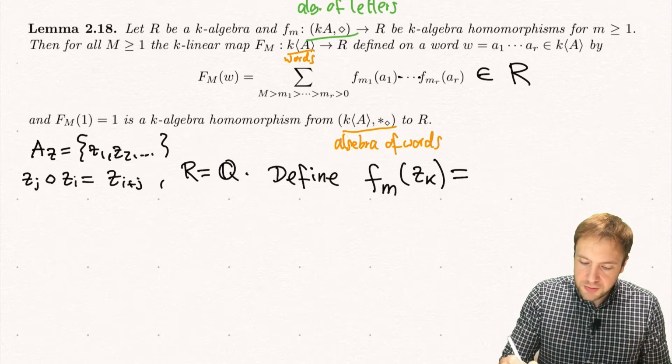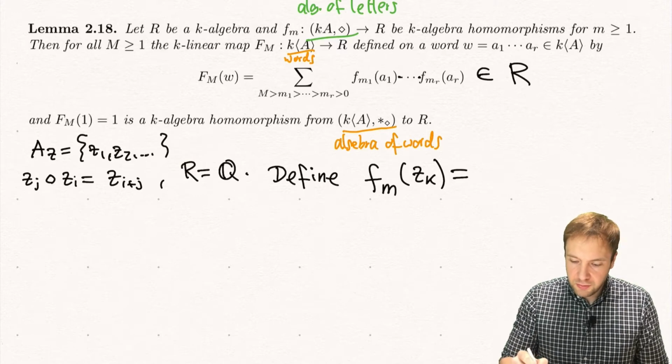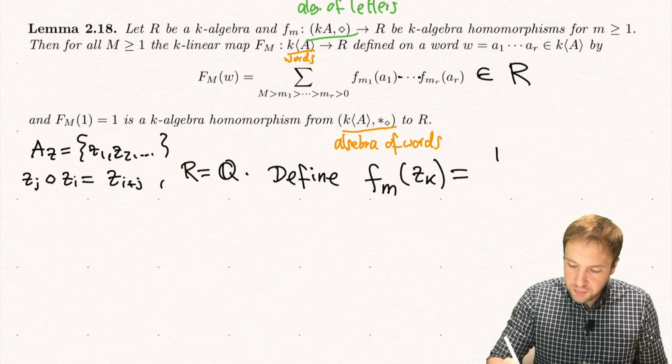And this I want to send to an element in Q, depending on m.